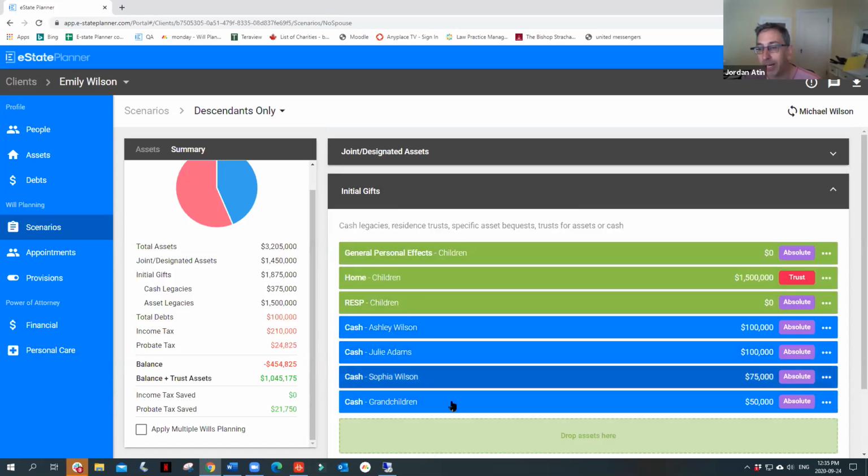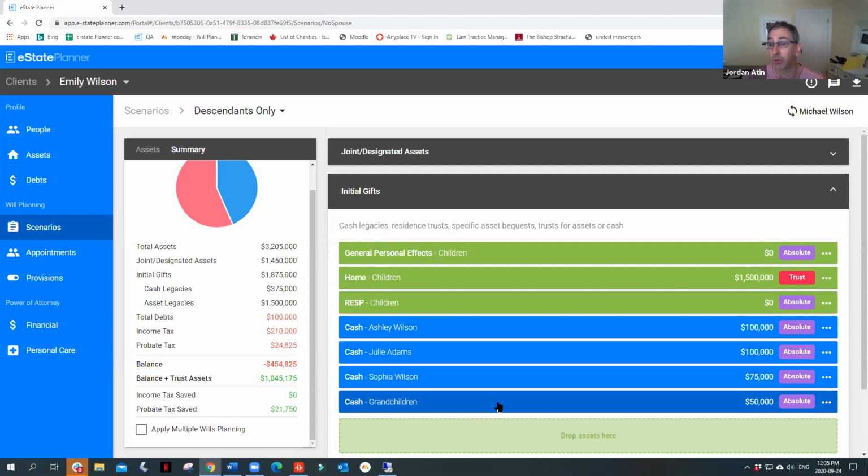And so the way abatement works is the first thing it does, and we're going to concentrate on cash legacies, is that the cash legacy amounts are going to be reduced. And if we say nothing, the general rule is that they all abate. So they all get reduced proportionately, not equally, but proportionately.